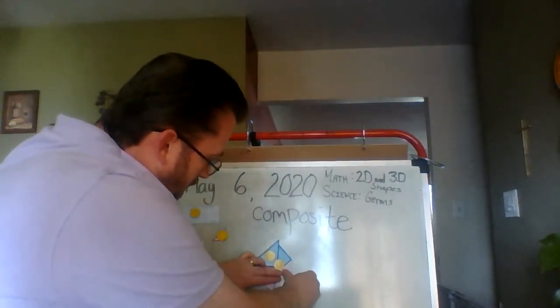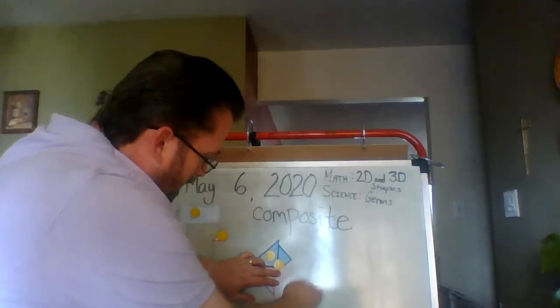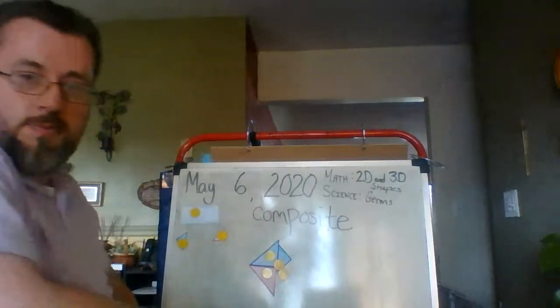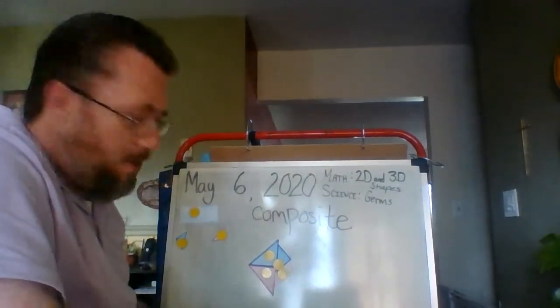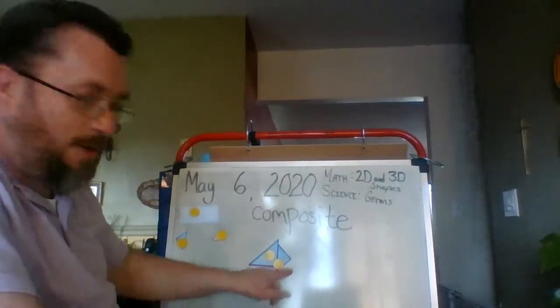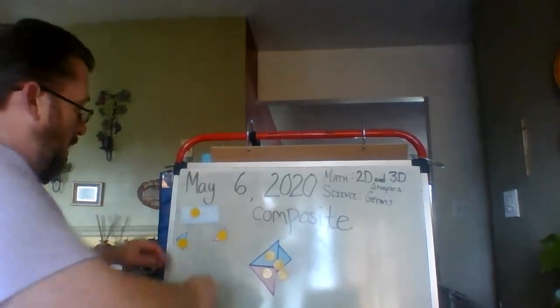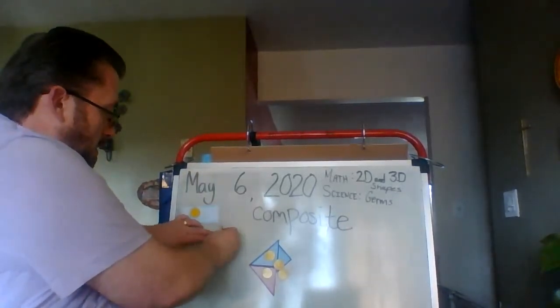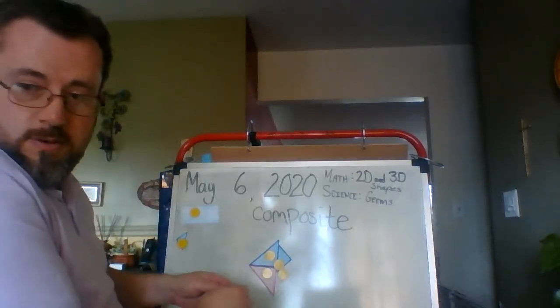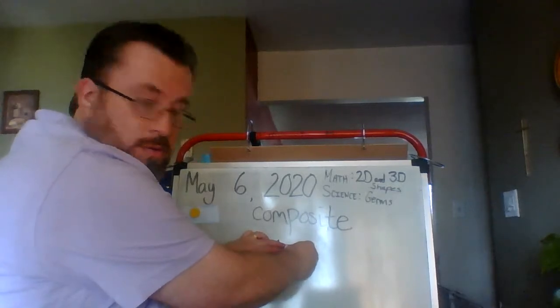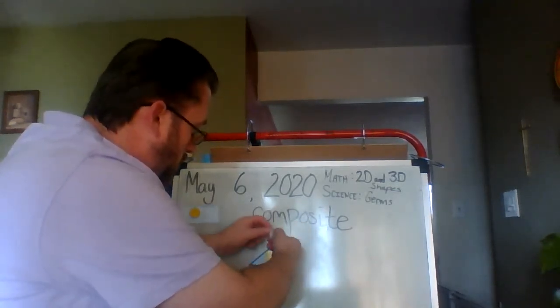I'll have to turn it to its white side to get it the way I want it this time. Put that one like this. Sorry if you can't see it very well. I had to turn it backwards to get it to fit the way I wanted it to. I'm going to take the two smaller triangles and stick them up here like so.